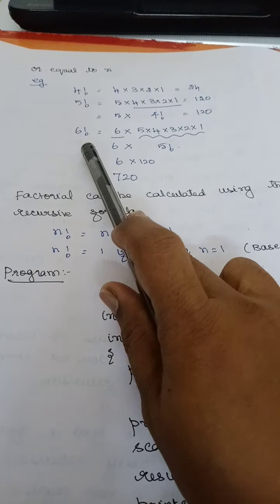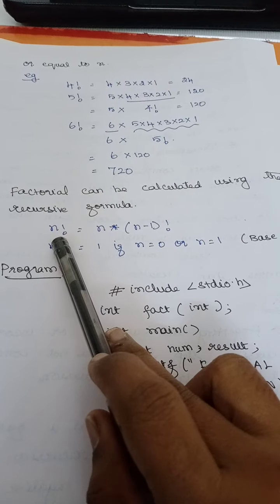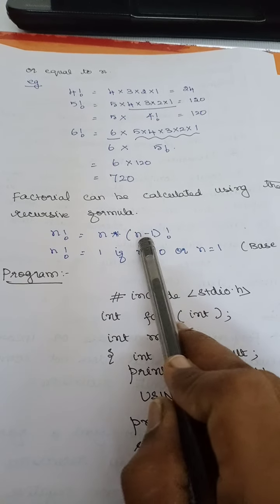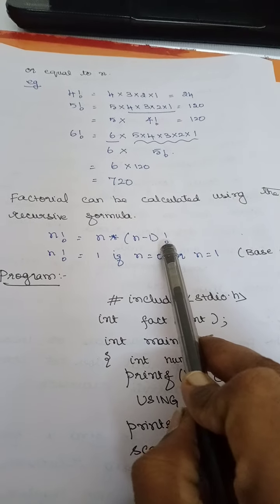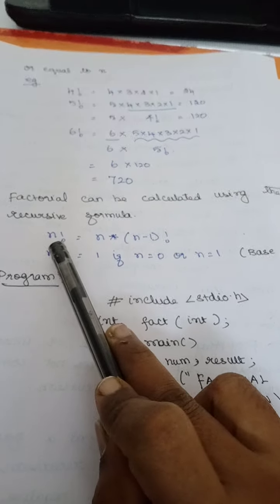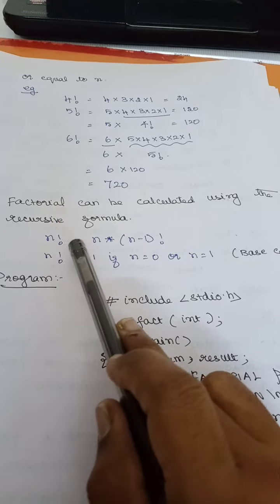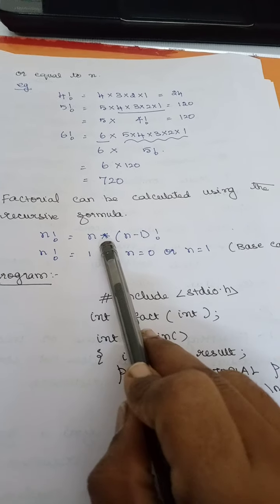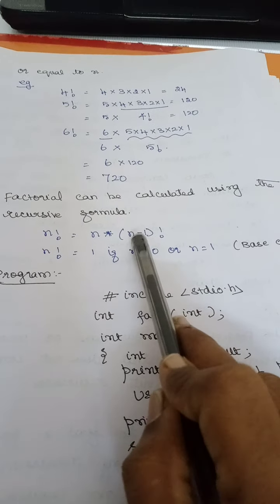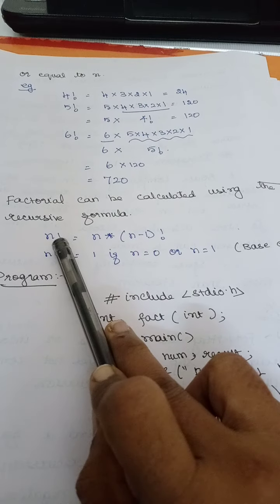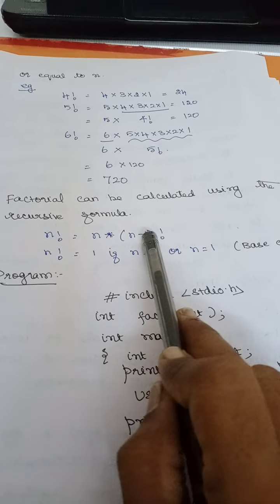Now we'll see how you can make this a recursive one. Here n factorial can be written as n into (n minus 1) factorial. For example, 6 factorial is 6 into (6 minus 1) factorial, that is 6 into 5 factorial. Again 5 factorial is 5 into 4 factorial.